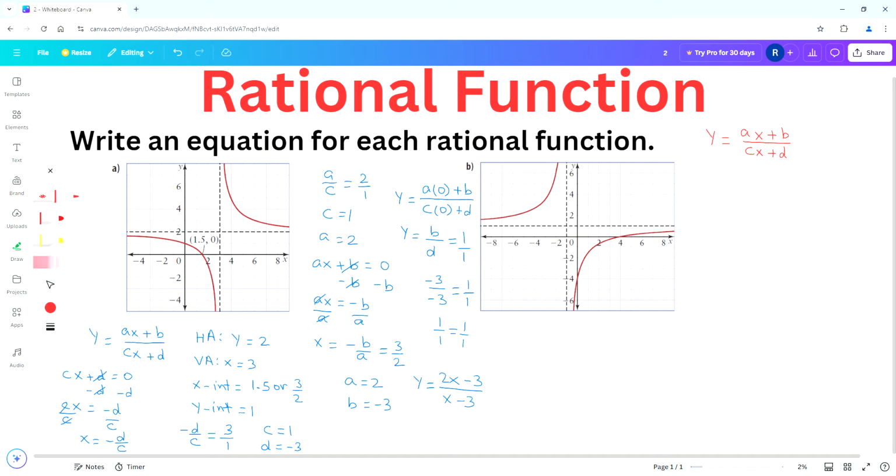The horizontal asymptote is at y equals 1. The vertical asymptote is x equals negative 1. The x-intercept is 4. The y-intercept is negative 4.